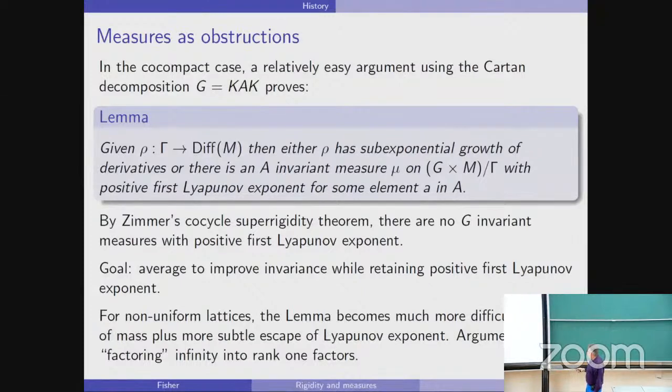And the other thing about this argument that I wanted to say that's a little bit weird, and I also know of no other instance in which this occurs, is that we factor the infinity of this higher rank manifold into the infinities of a bunch of rank 1 manifolds. And I don't know any place else in the literature where that occurs in a dynamical argument about measures.